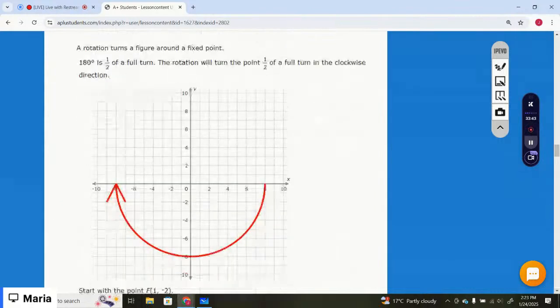A rotation turns a figure around a fixed point. 180 degrees is a half turn. The rotation will turn the point 1/2 of a full turn in the clockwise direction. Half of a full turn.